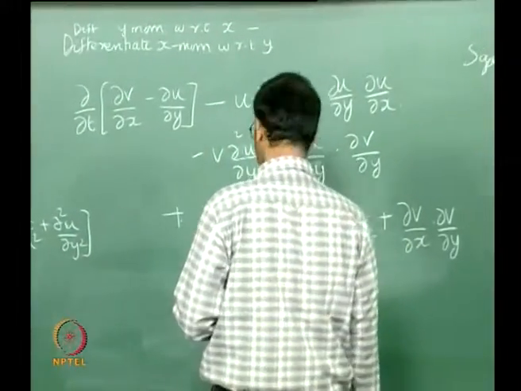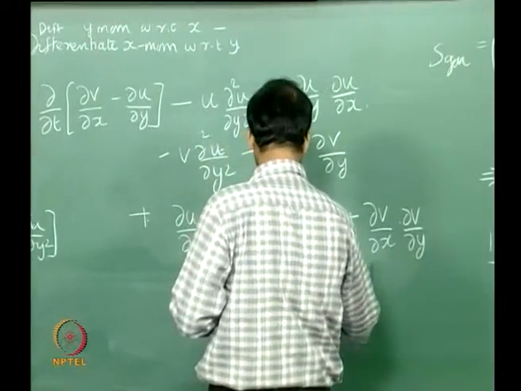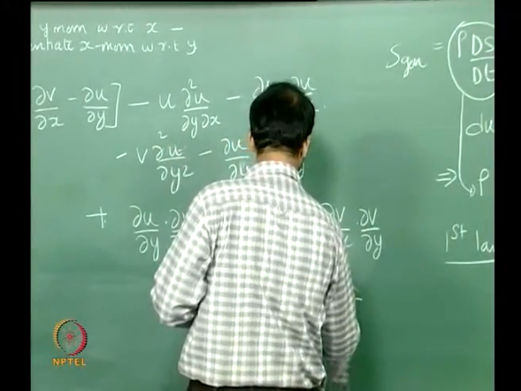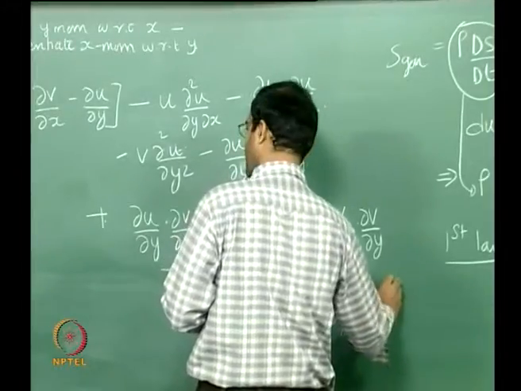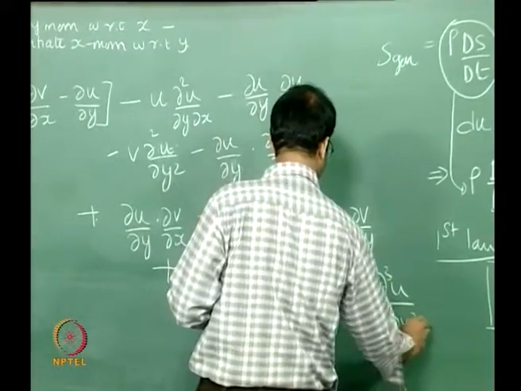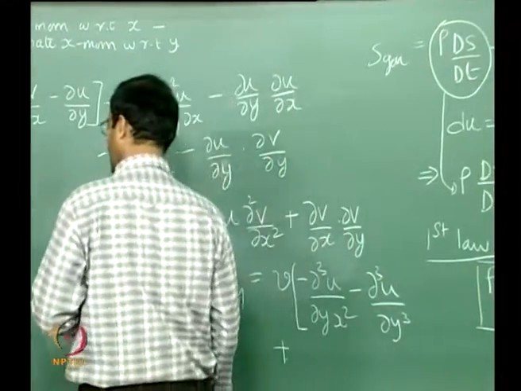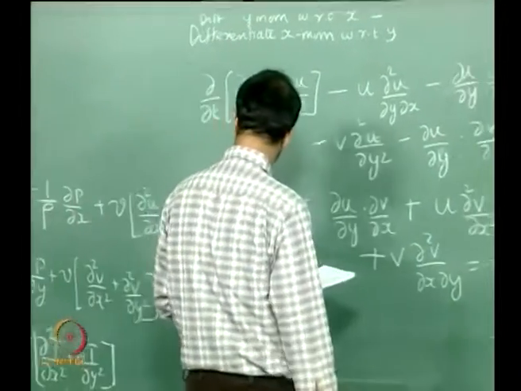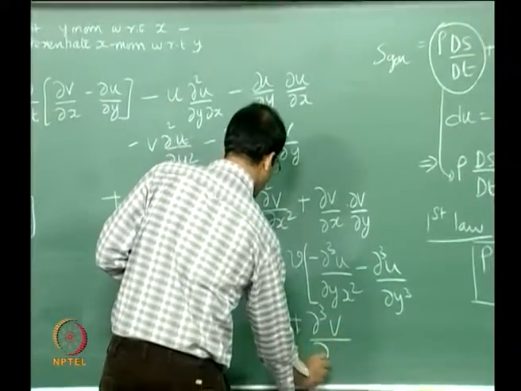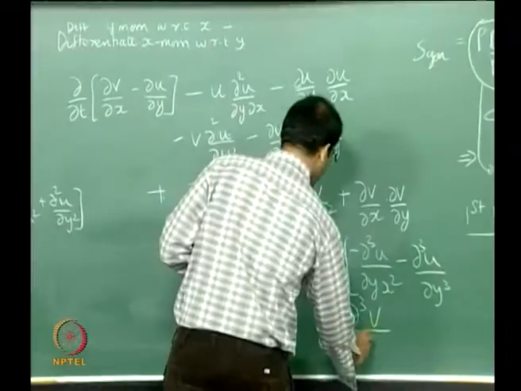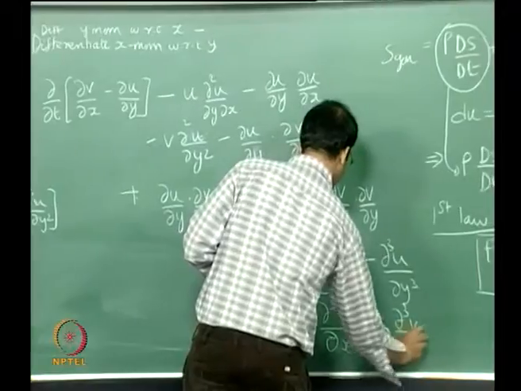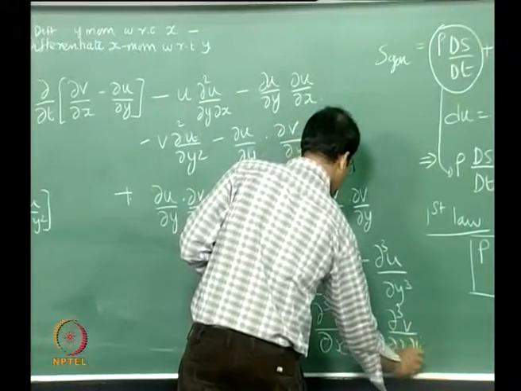On the right hand side I will have nu into minus d cube u by dy dx square minus d cube u by dy cube, plus these two terms right here, d cube v by dx cube plus d cube v by dx dy square.